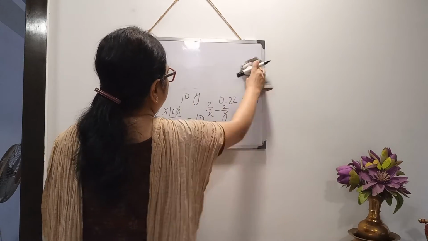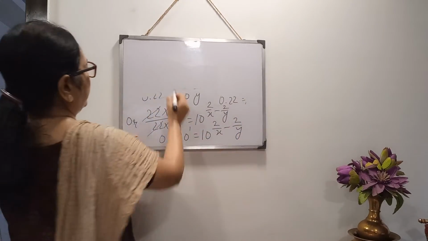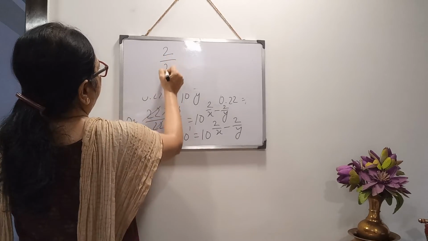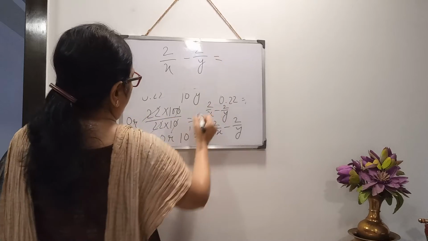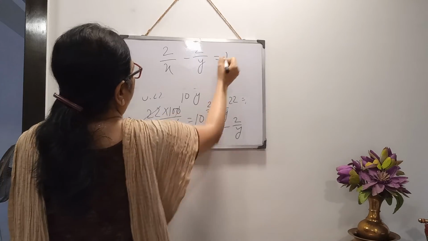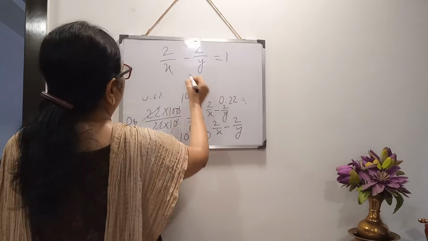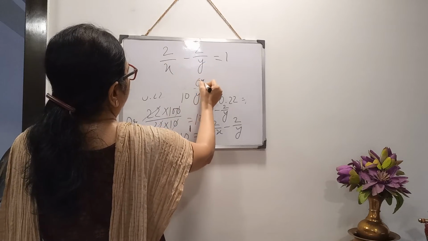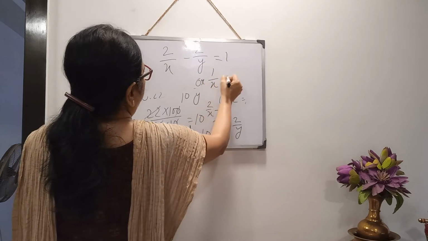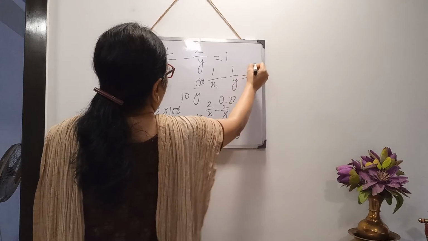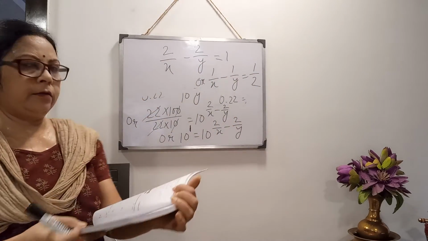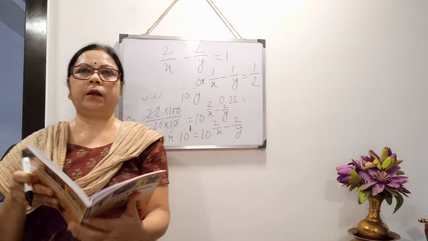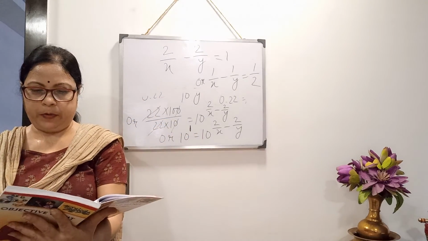Now the base is the same, so we can write 2 by x minus 2 by y equals 1. We have to find 1 by x minus 1 by y. Taking 2 common, 1 by x minus 1 by y equals 1 by 2. Answer is 1 by 2. In this way we will practice.